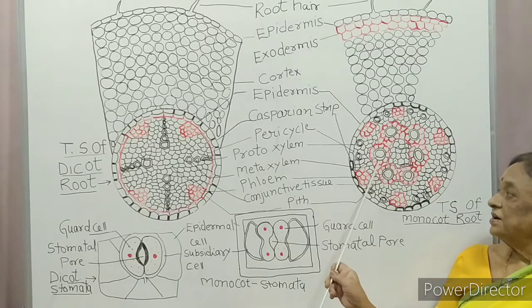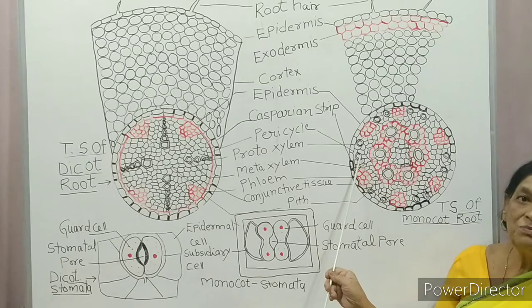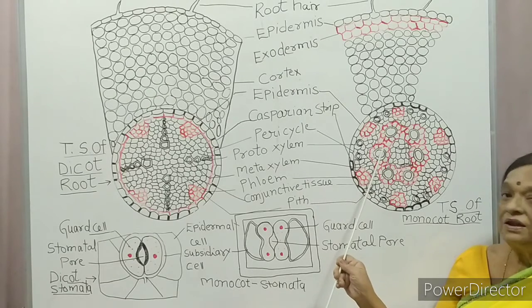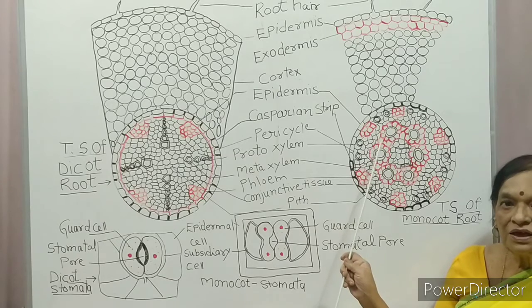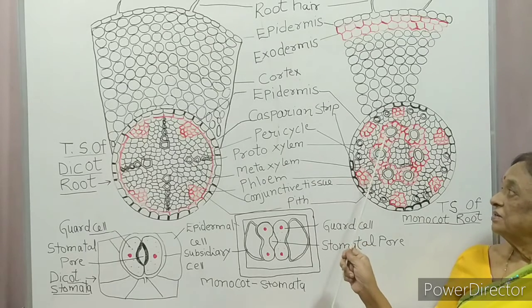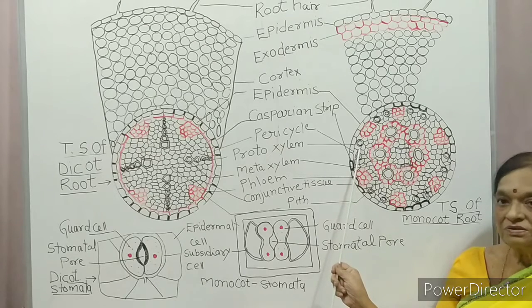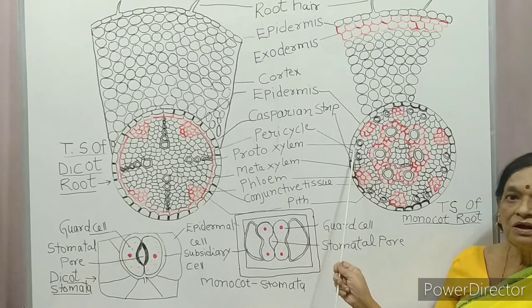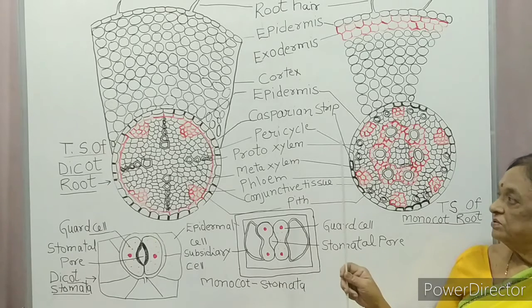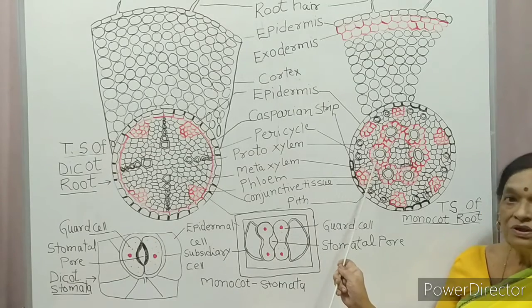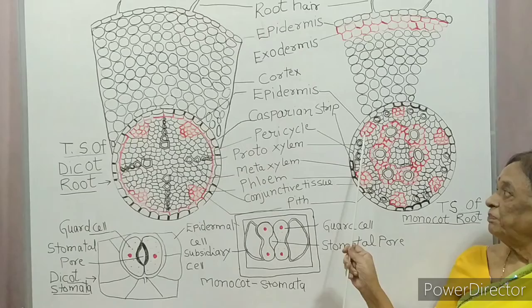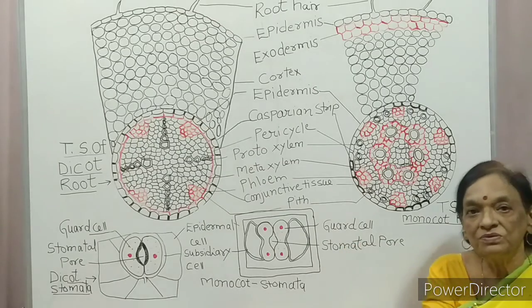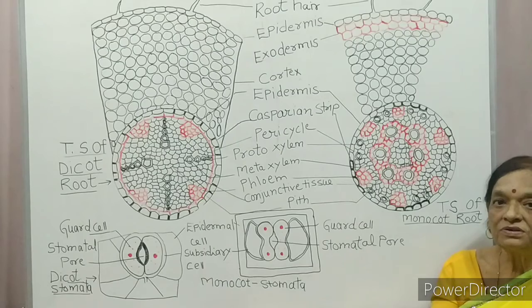Here conjunctive tissue surrounding the metaxylem is sclerenchymatous, and the tissue which surrounds protoxylem is parenchymatous. So conjunctive tissue is of two types, sclerenchyma around metaxylem and parenchyma around protoxylem. Pith is large.